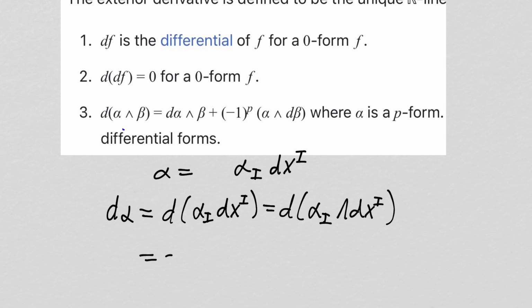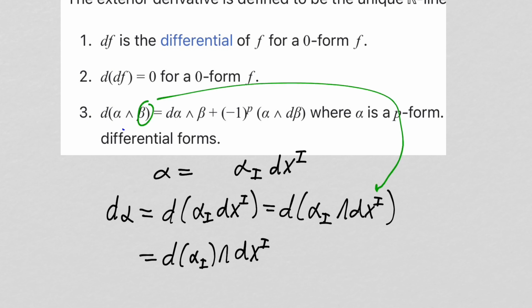So this is d of alpha_I wedge beta, where beta is played by dx^I and alpha is alpha_I. And I'll stick with green.